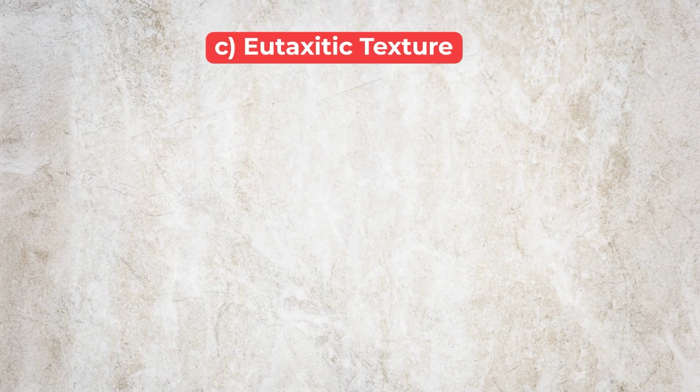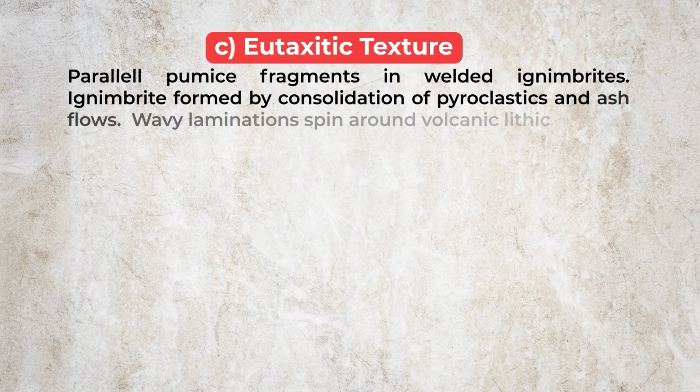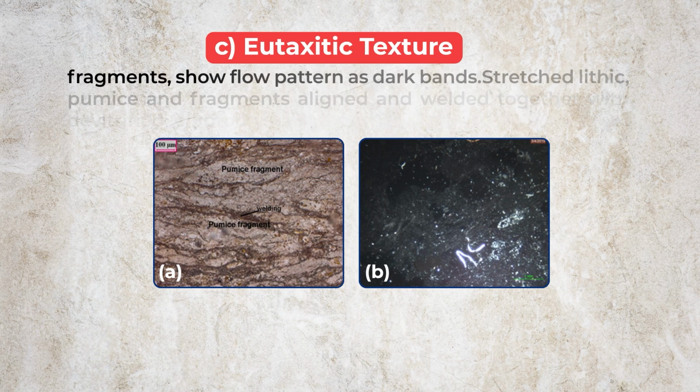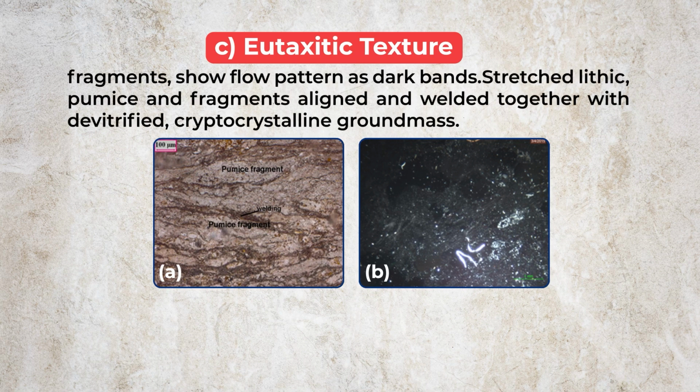The eutaxitic texture is where there are parallel pumice fragments in welded ignimbrites formed by consolidation of pyroclastic and ash flows. Wavy lamination spins around volcanic lithic fragments and shows flow pattern as dark bands.